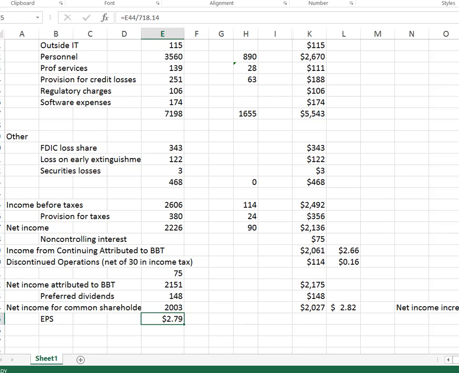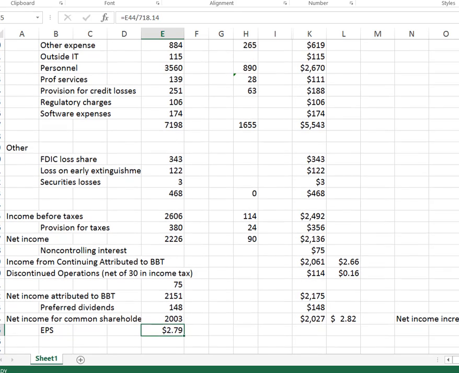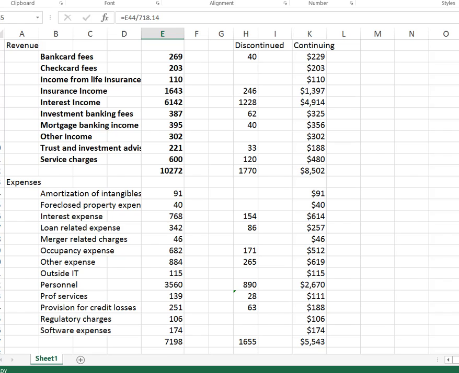Now, considering the discontinued operations, the way I like to do that is to then create a column using the discontinued operation. Now, I gave you percentages for each of these items that were part of the discontinued piece.